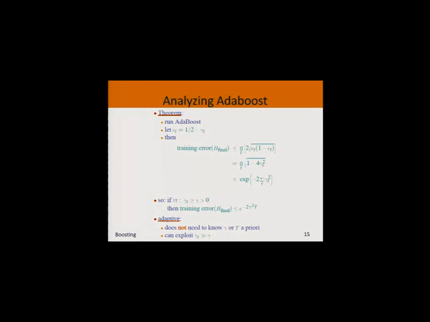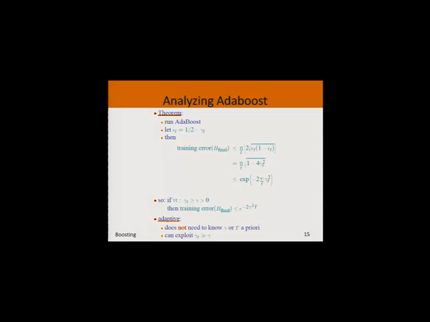Gamma could depend on t. Then the training error is bounded away by something. And we'll get to understand this something. The important thing is this. It's bounded away by e to the power of sum over all t of gamma t squared.